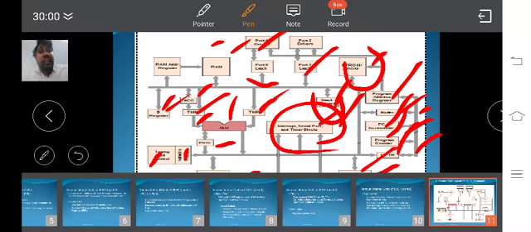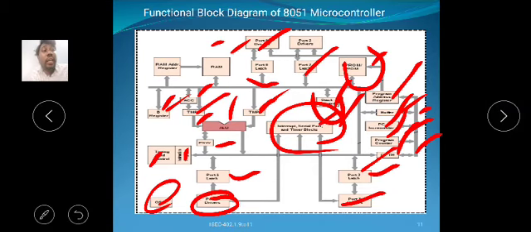These are the major functional blocks of the 8051 microcontroller.